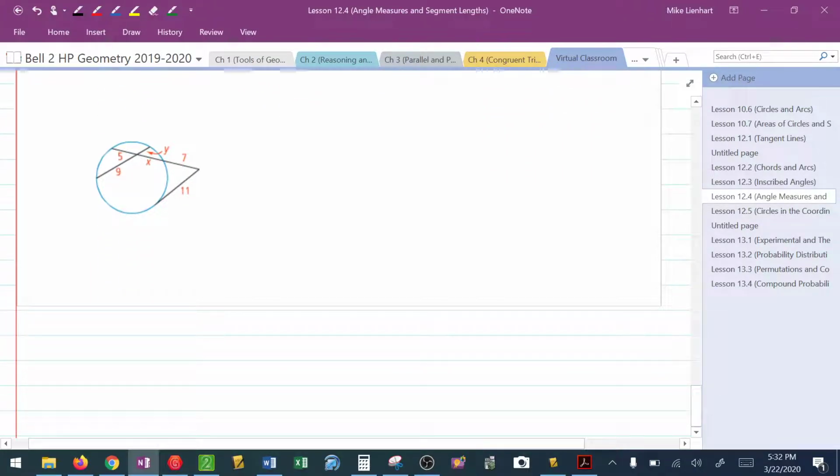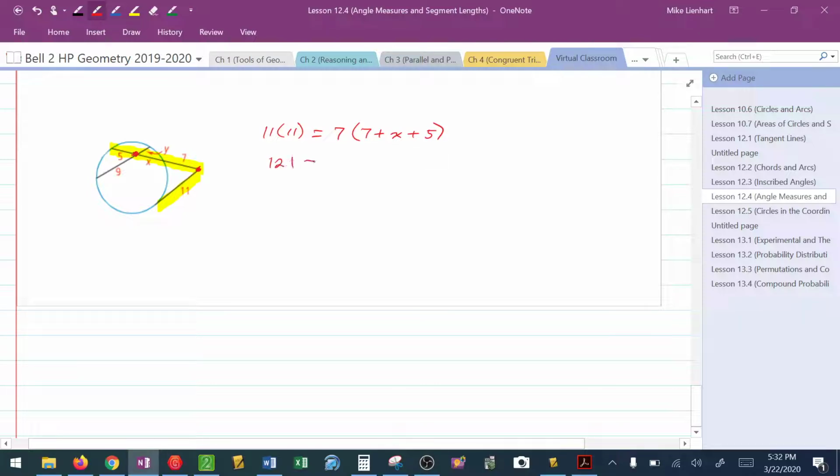All right, our last scenario here. Let's see here. All right, I know there's the vertex. All right. To find x, I want to use this and this. All right? So here's what I know. 11 times 11 is equal to 7 times 7 plus x plus 5. All right? So the vertex was out. I used the information, and now I have an equation with just one variable.